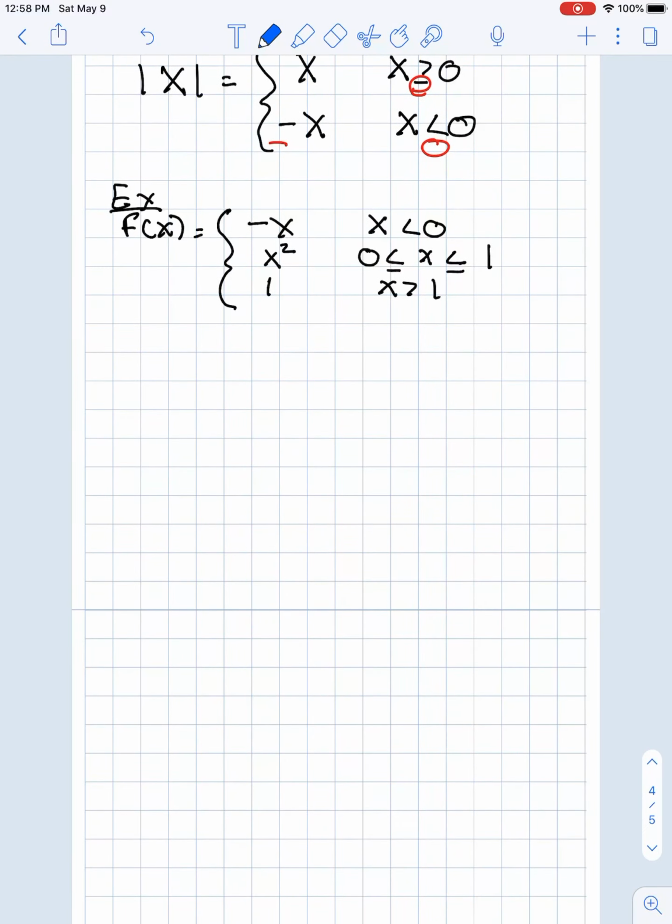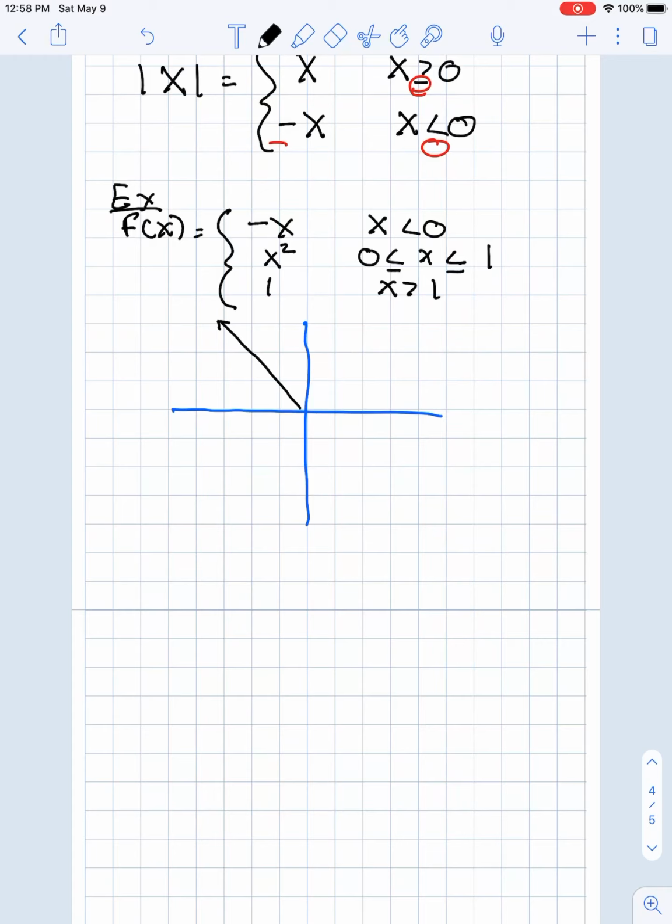Switch to blue because that has become our graph color. So from x less than 0, it's going to be negative x. So it's going to look just like a little line. Oops, that's not right. Start at the origin.